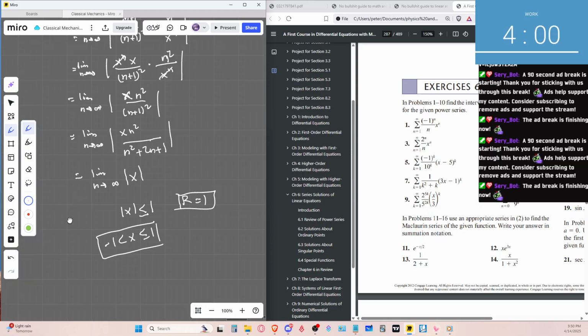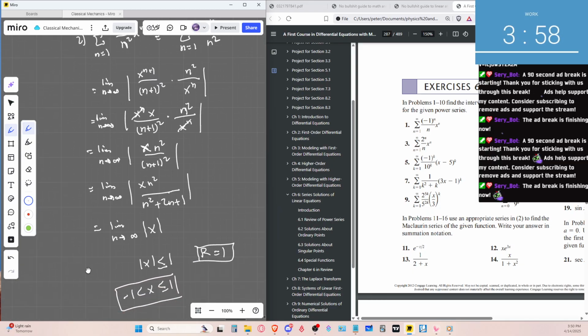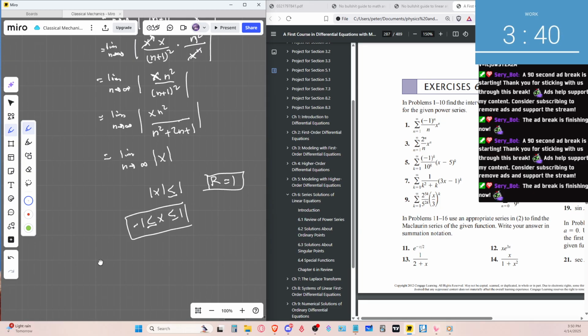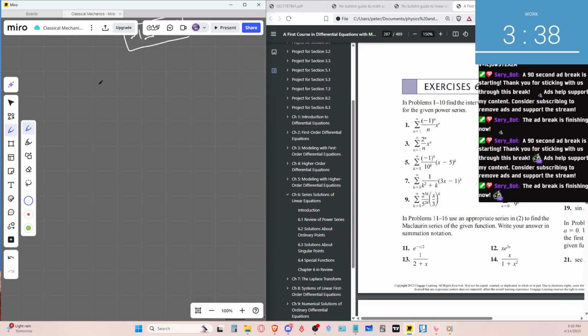So what was the original function? Oh, it can be negative because it's a square underneath. I was like, what? And the radius is 1. Okay. Okay, let's try 3. Equals 1.